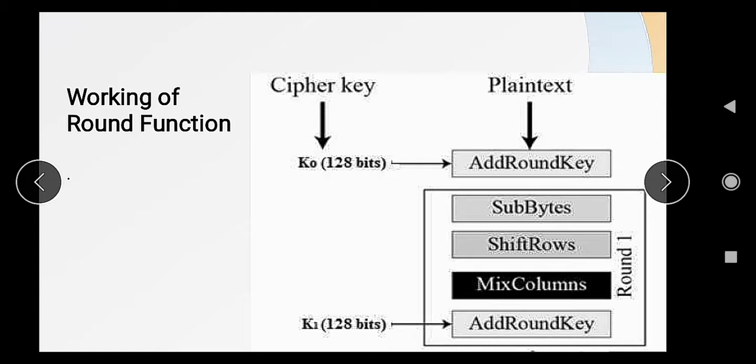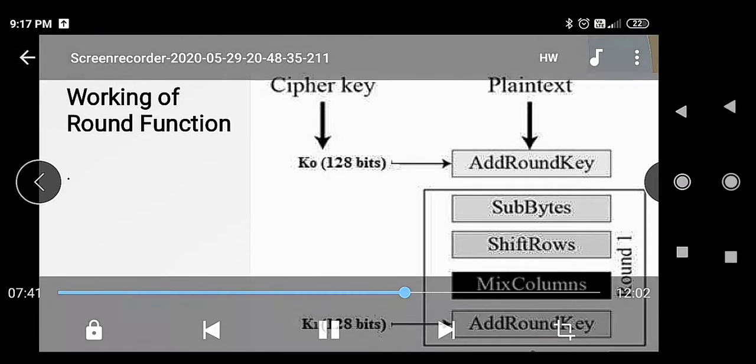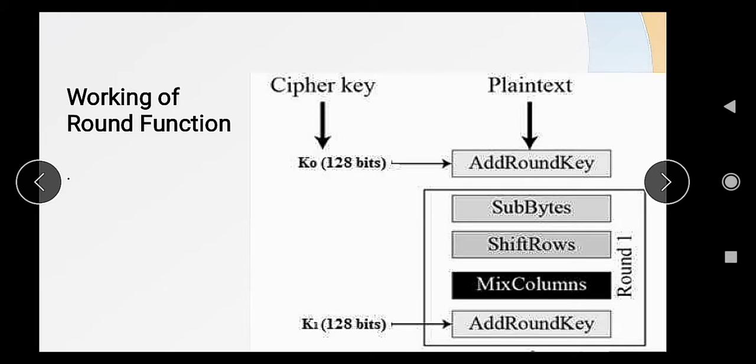After that the output of the sub byte is applied as input to shift row, and the output of the shift row is applied to the mix column, and the output of the mix column is applied to the add round key again, that is the next add round, in which we will use the key K1, or the next 4 words, or the next 4 sub keys to perform the XOR operation. So this is the first round. Likewise, we have to perform 10 rounds, and after 10 rounds we will get the ciphertext.